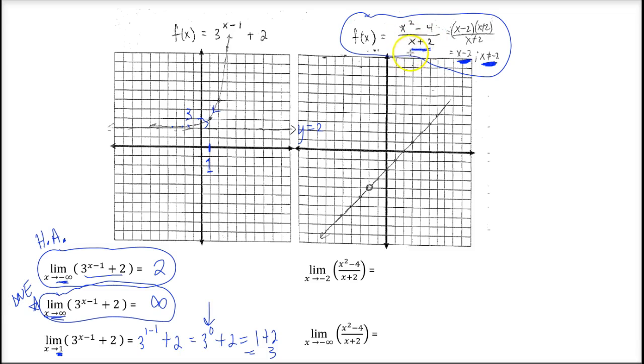We know that will make the denominator 0. So literally, this function acts like a line with a hole in it, and that hole is going to be here at x equals -2.